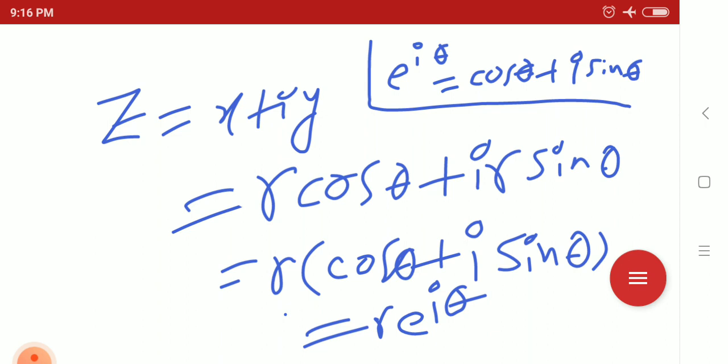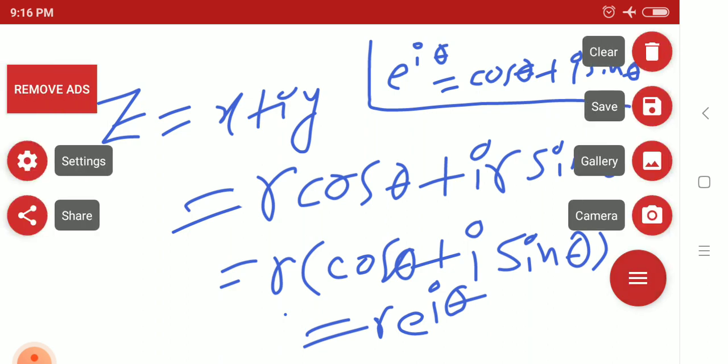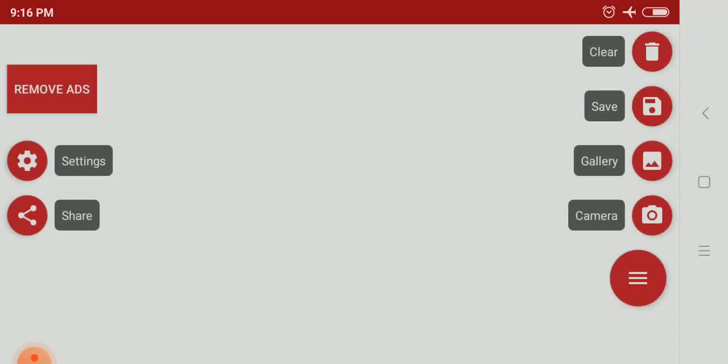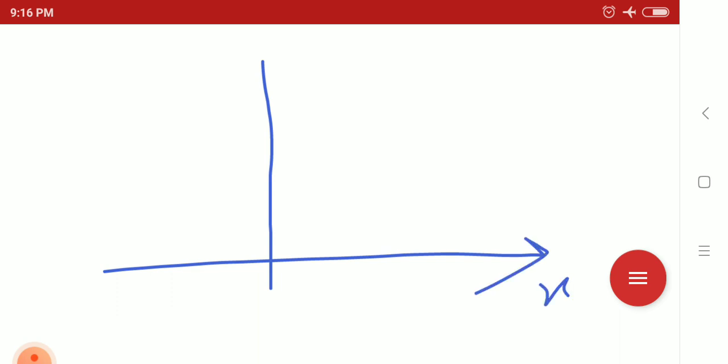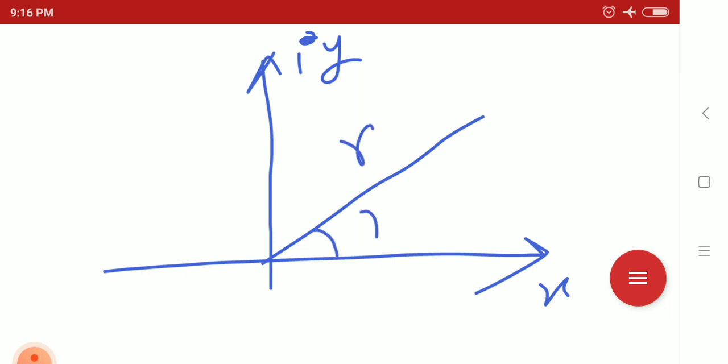Now an important thing you have to know here: what is theta? I have drawn x and here it is iy. Now this r is making an angle theta with respect to the horizontal. Theta is actually arg z, the argument of z.